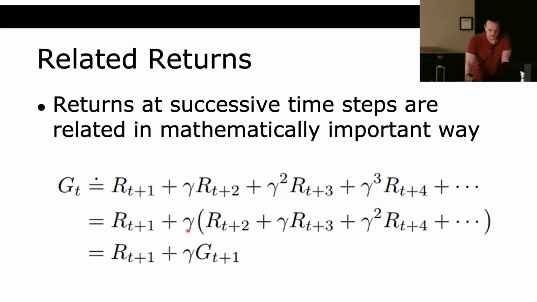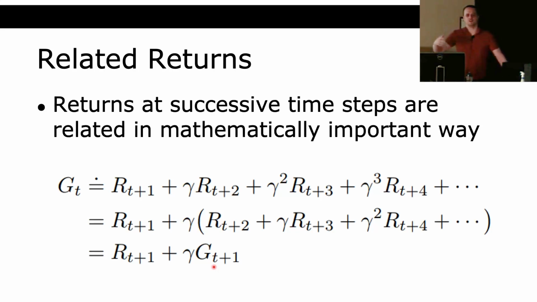We get gamma times this, but look, if we take this and just increase the t by 1, we get everything that was in here. So the return from this time step is equal to my next reward plus gamma times the return following the next time step.